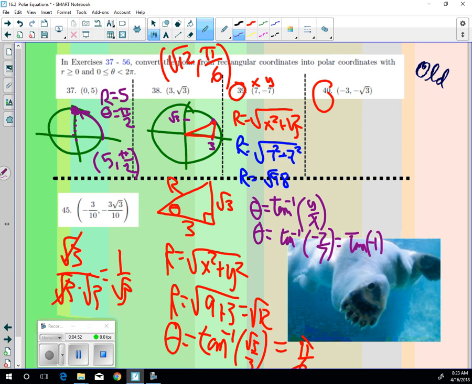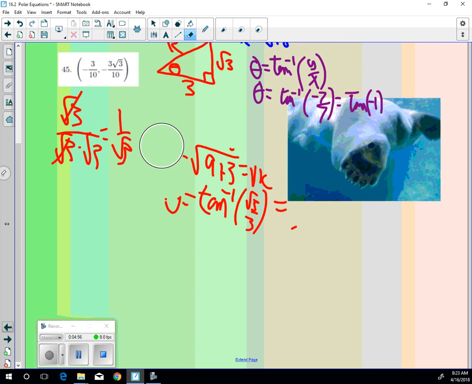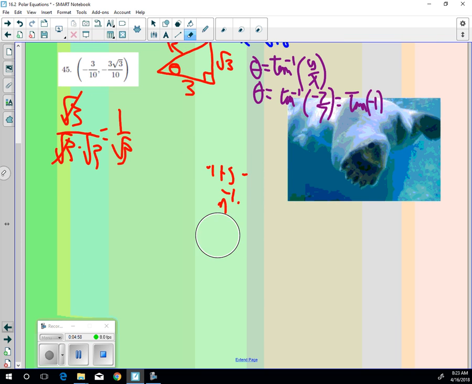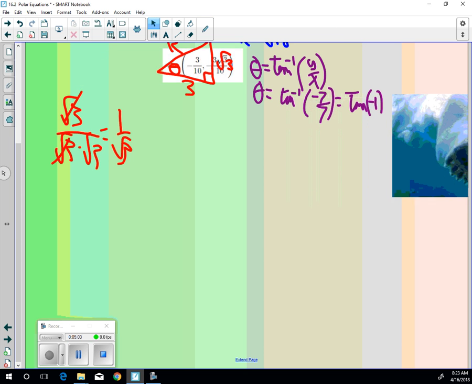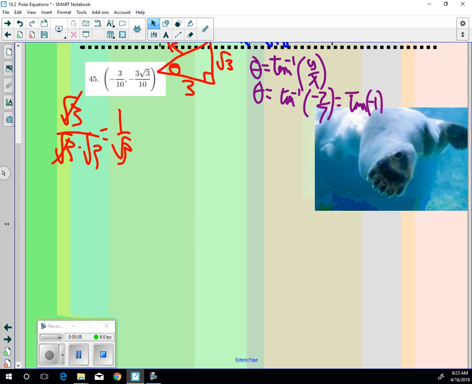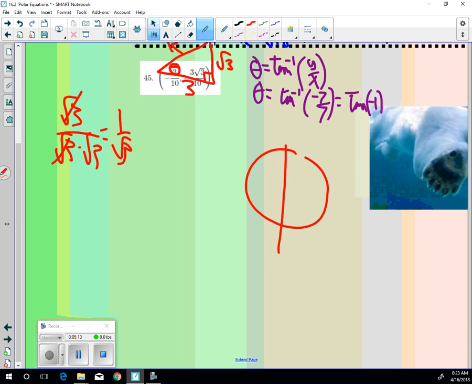Well, I'm going to help you with that a bit. On a circle here, here's negative 1 inverse tangent.